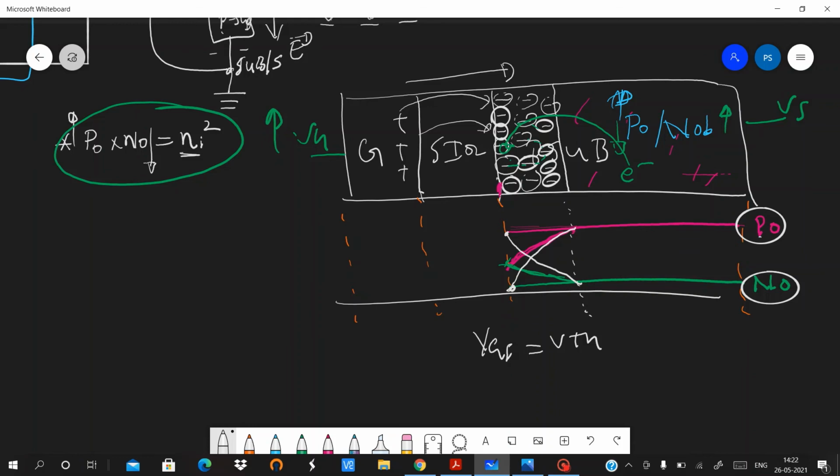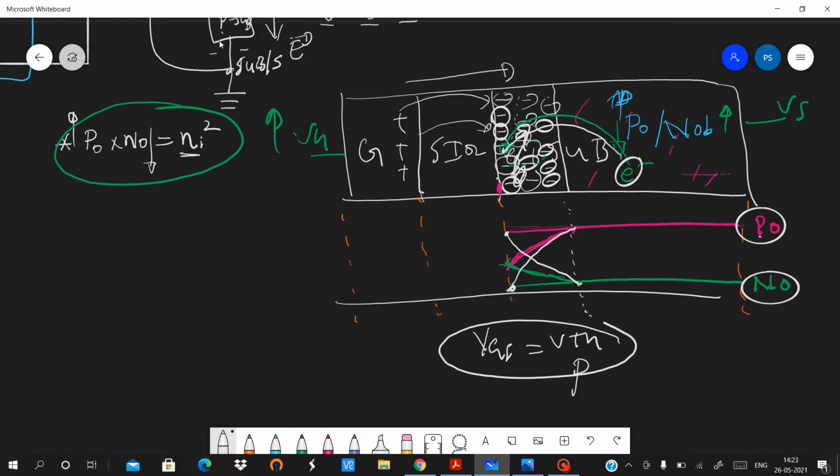At this point, any electron which is coming from the substrate to this region has no place to combine with the holes, so it becomes a free electron. So at this point we say that the channel is going to start getting inverted, or this is the voltage at which the channel is created, because only at this voltage the electrons which come in this area are free to conduct.